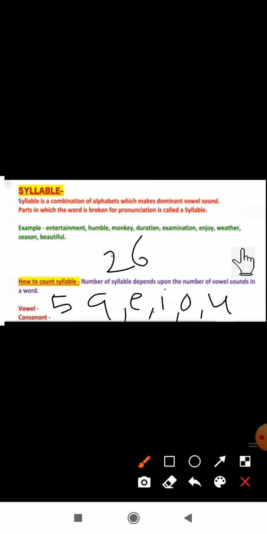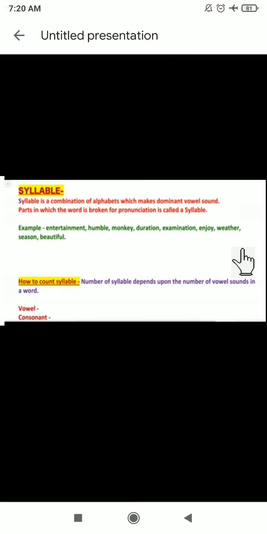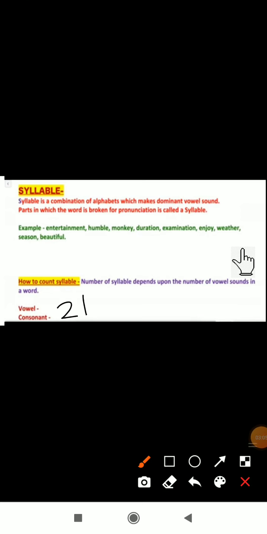Got it? So how do we count? Just see, total vowels 5 and consonants total, see how many consonants there are. Here I will once again write consonants, 21. See here, B, C, D and till Z, leaving out the vowels.